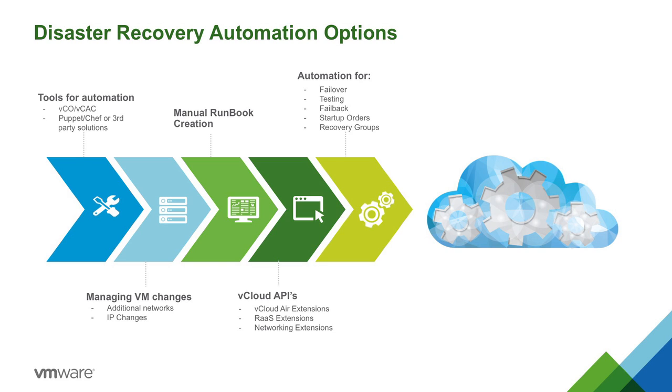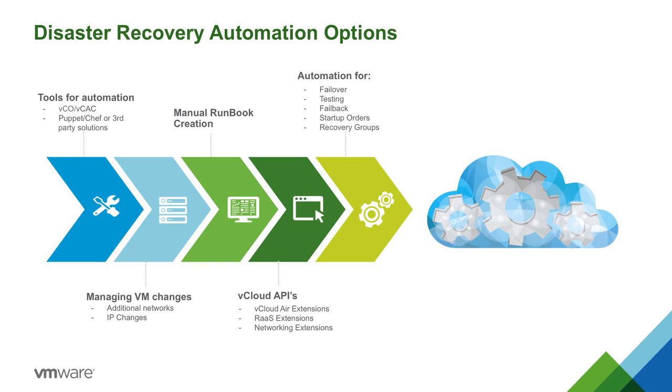So if you want to configure additional networks, change any IP addresses or anything like that, you can automate all that using plugins and third-party solutions. You can also do things like creating manual runbooks. So in the event of a failover, you have your runbook available to you so that you can actually go through the steps to power on your virtual machines and recover to the cloud.